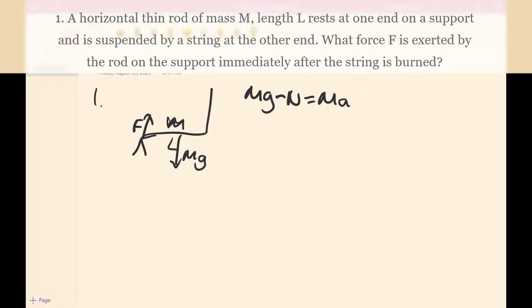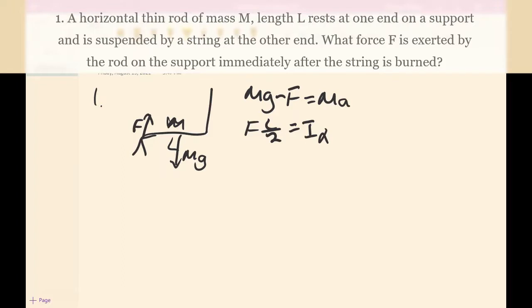So then torque is this force F times the distance to the point, which is L over 2, and it has to be equal to I alpha, where I is the moment of inertia and alpha is the angular acceleration.